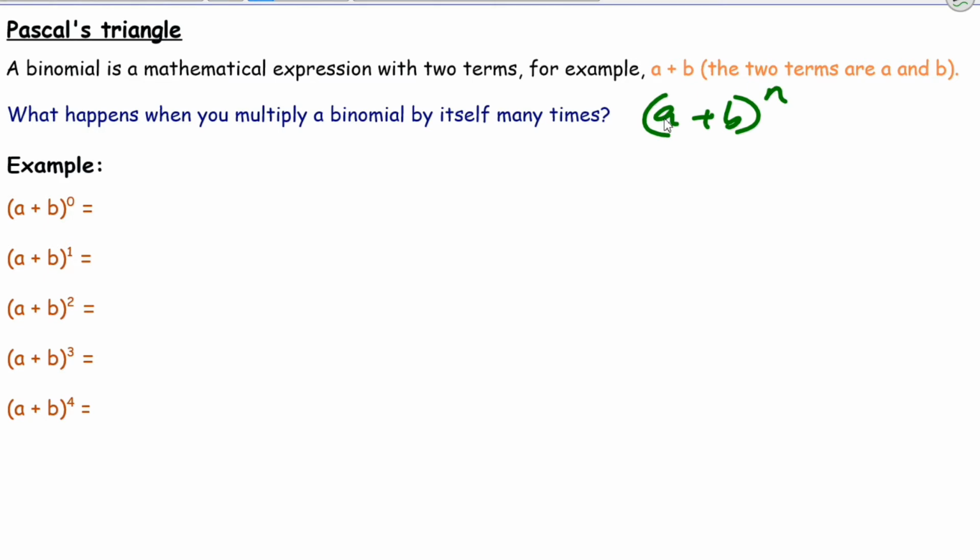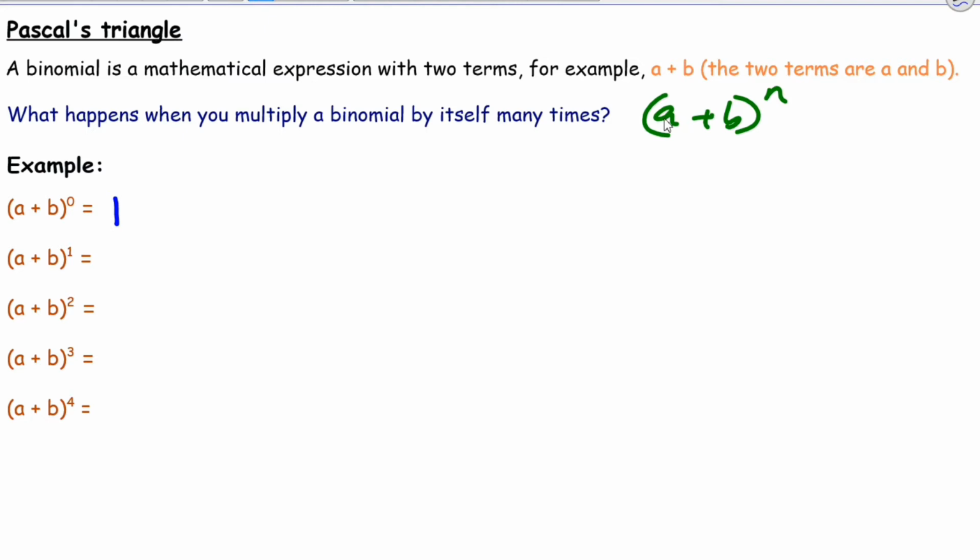What we want to find out is what happens when you multiply a binomial by itself many times, for example, n times. For instance, when n is 0, we have (a + b) to the power 0. We know that anything to the power of 0 is 1, so this will be equal to 1.